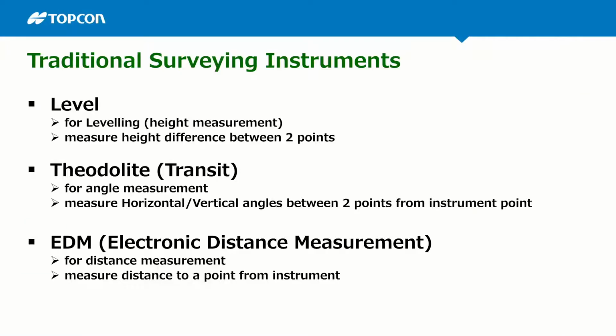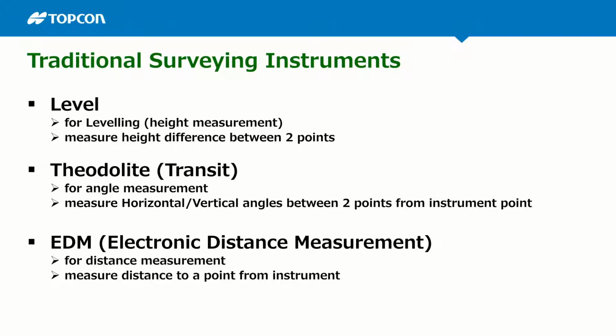Right? So talking about the traditional surveying instruments, the common one we can see at the side is usually the level, which is the auto level, or sometimes people call it a dumpy level. It is used mostly for height measurement. We use it to measure the height difference between 2 points.